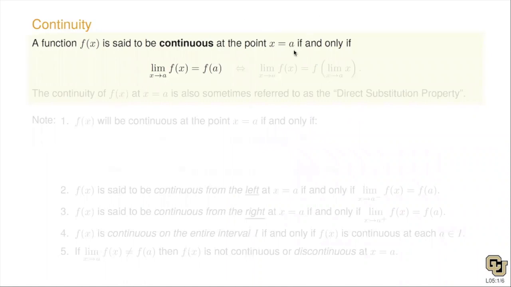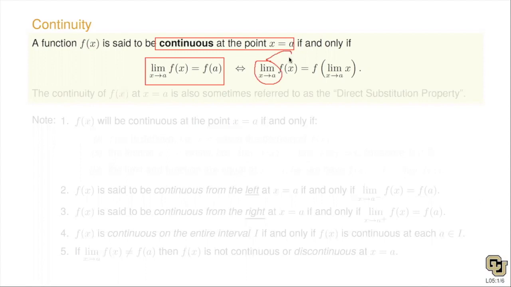So here, the definition: we say f of x is continuous at the point x equal to a, if and only if this is true. It's a limit definition, that the limit as x approaches a of f of x has to equal f of a. The way I like to think about it is that continuity allows us to take the limit and bring it inside the function.